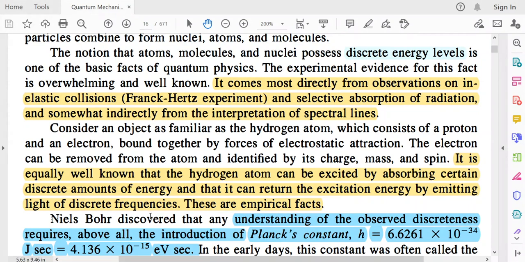So the electron can come back from n equal to 3 to n equal to 1 by emitting radiation. So electrons can be excited and de-excited, and this needs some discrete energy. And when electrons are de-excited from n equal to 3 to n equal to 1, they emit radiation with discrete frequencies, not continuous frequencies. So these are empirical facts.